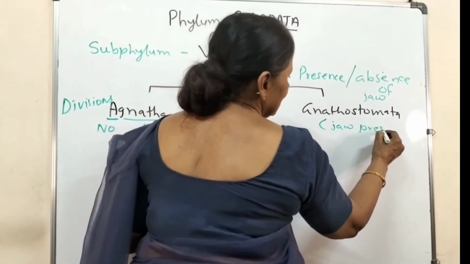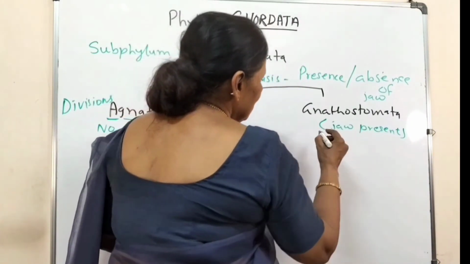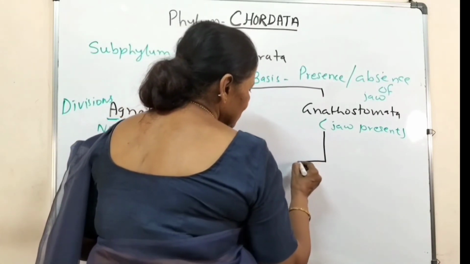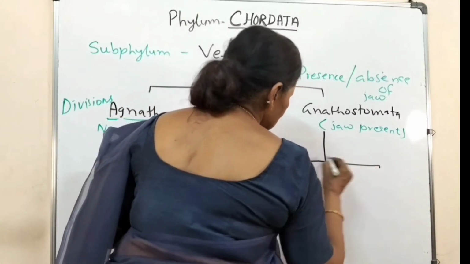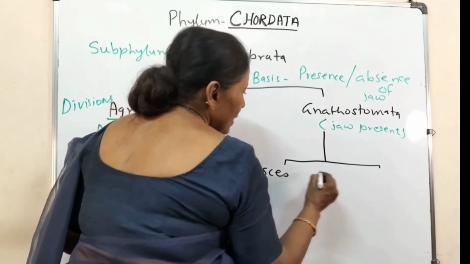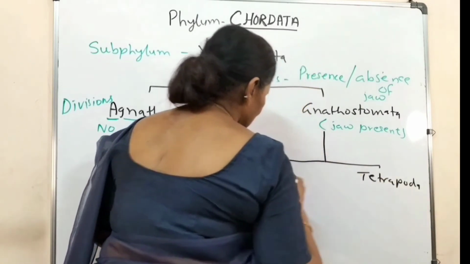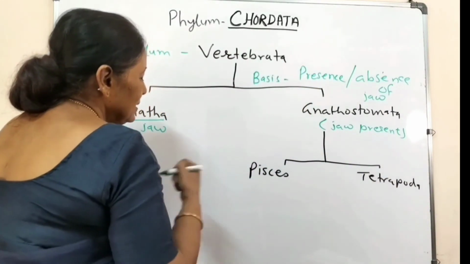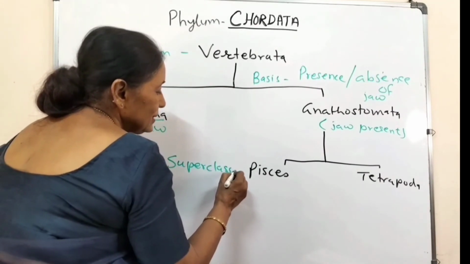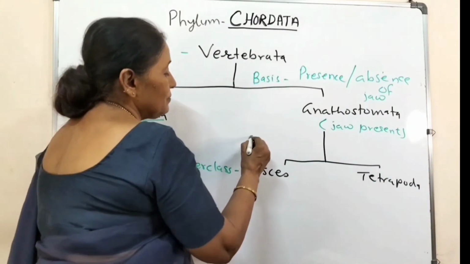Now these Gnathostomata are further divided into superclass Pisces and Tetrapoda. This is superclass, not yet class. What is the basis of classification?